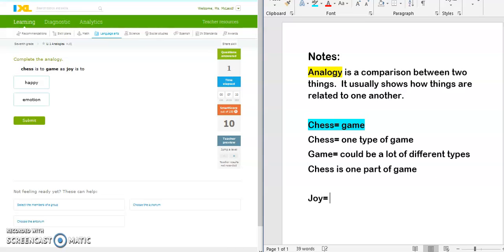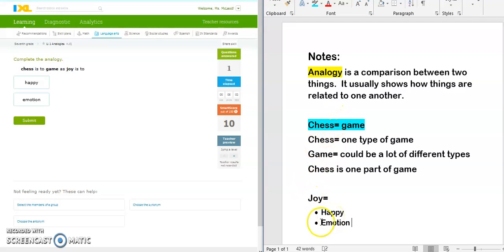All right, so joy is to what? What are my options? I have happy, then I have emotion. So joy is just one emotion. Happy, joy and happy are both just types of emotion.